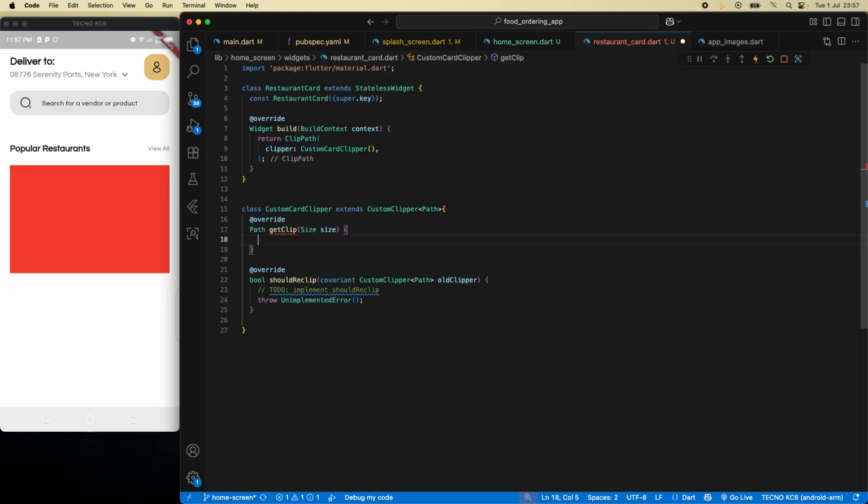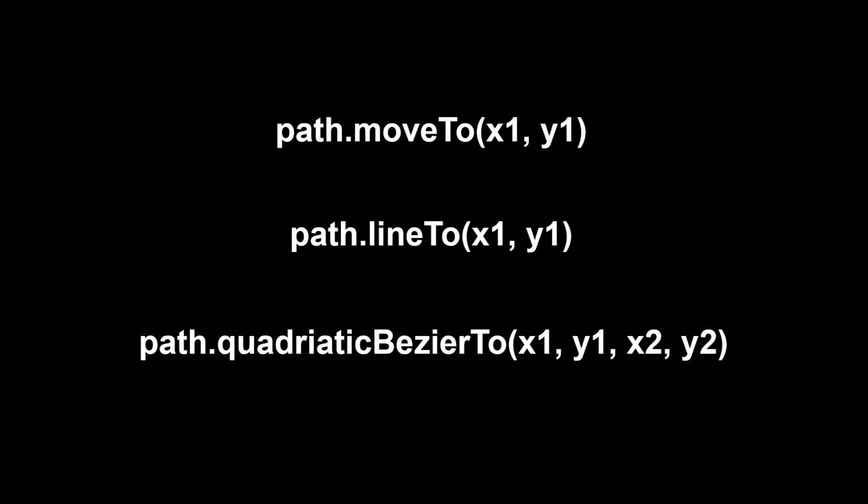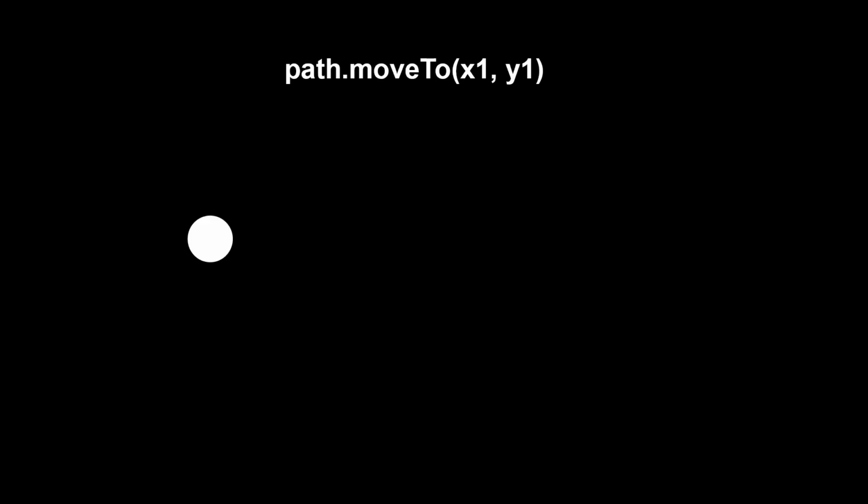For this custom path, we will make use of three path functions. One is the moveTo, second is the lineTo, and the third is the quadraticBezierTo. The moveTo specifies where our point should start without making any actual line.